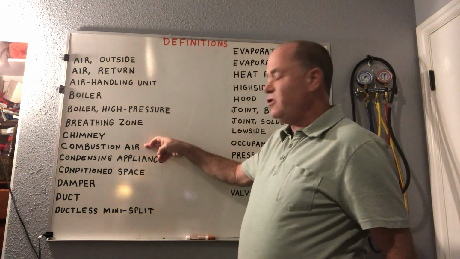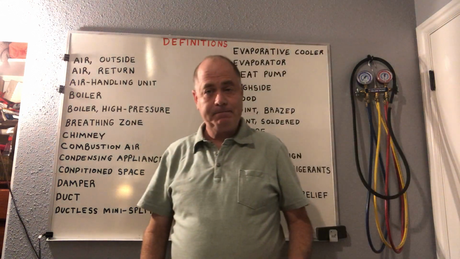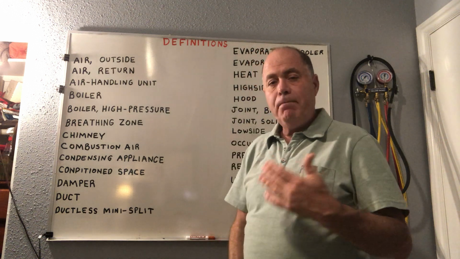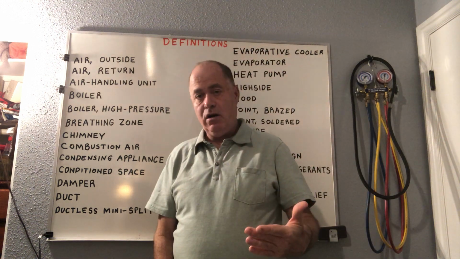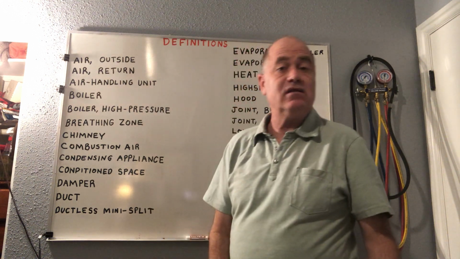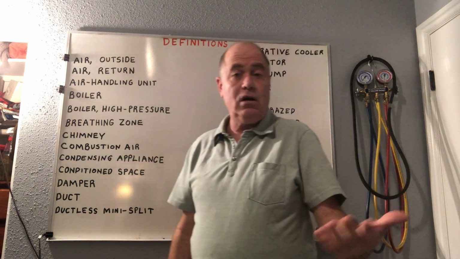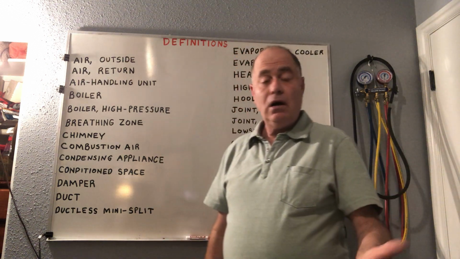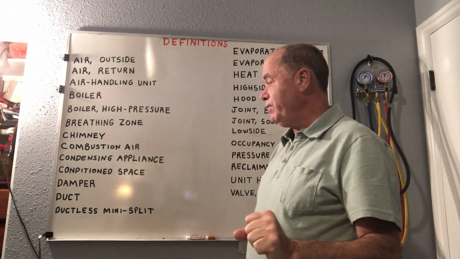And then that leads us to combustion air. Okay, what is combustion air? Combustion air is all the air that a heating appliance needs, like a furnace or a hot water heater or a boiler or what have you.